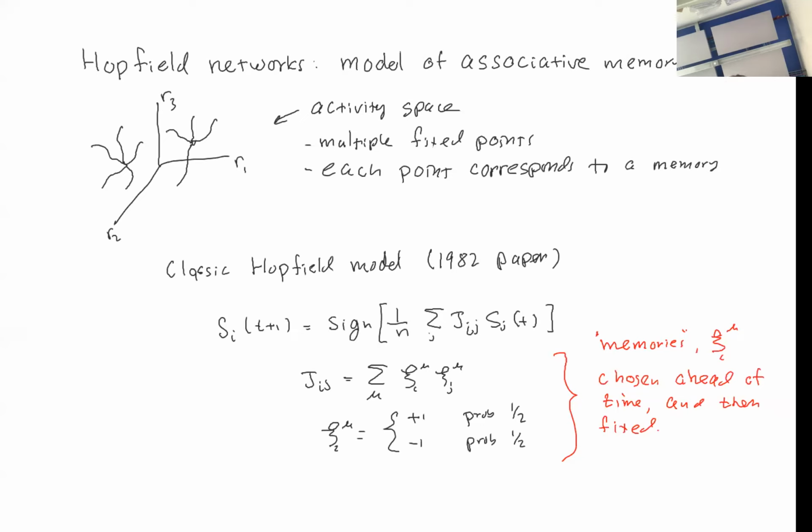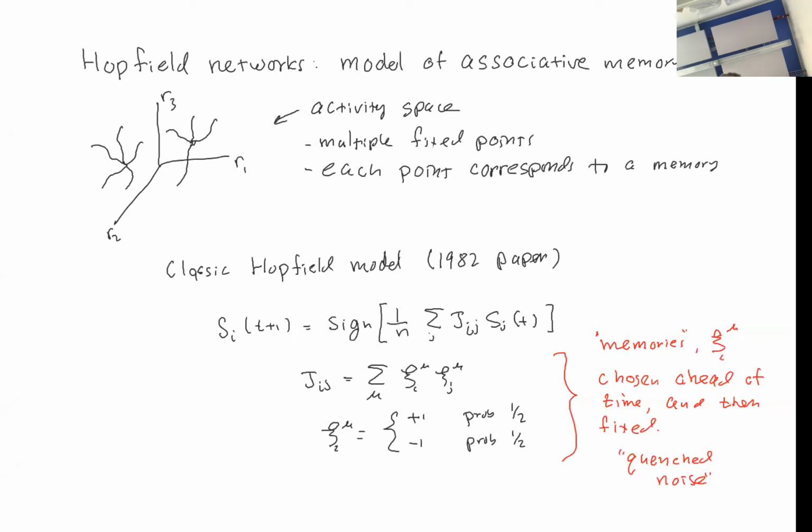So these memories are, in some sense, a noise process, and this is known as quenched noise. These xi are just random variables, but once they are picked, you stick with them as you run the network.